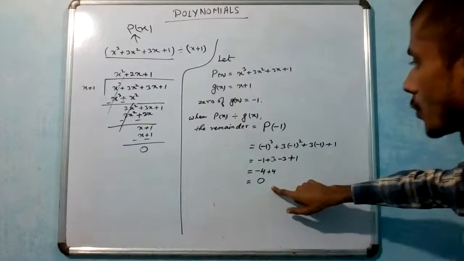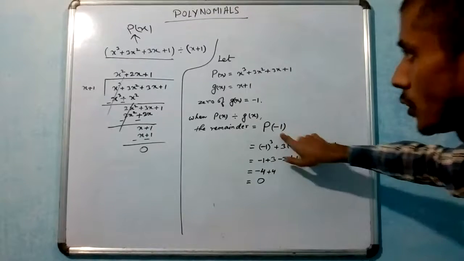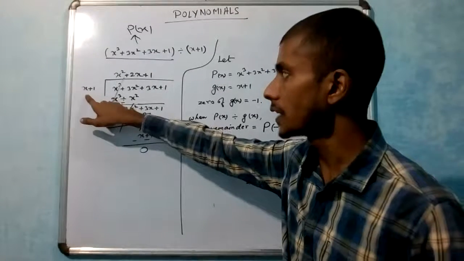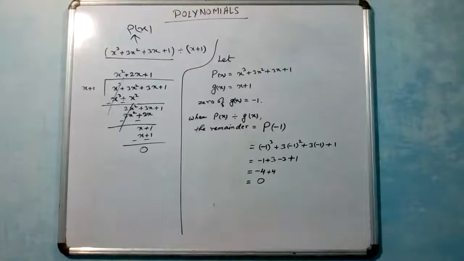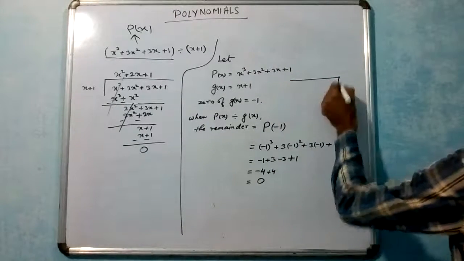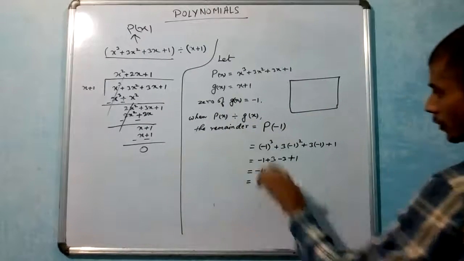P of minus 1 is the remainder. Okay, why minus 1? From where will we get this minus 1? This minus 1 is actually the zero of the polynomial divisor. Okay, come on, copy it fast, both properly. This is with actual division, this is without actual division.